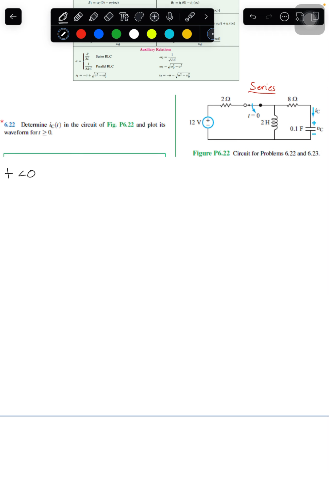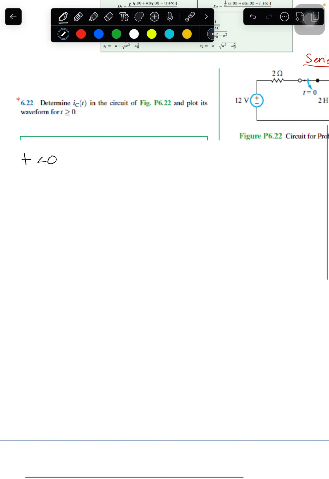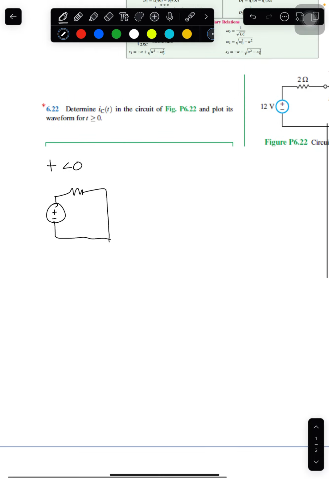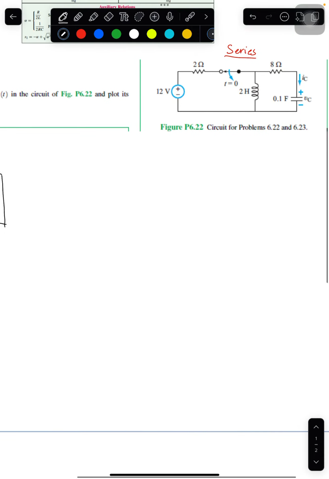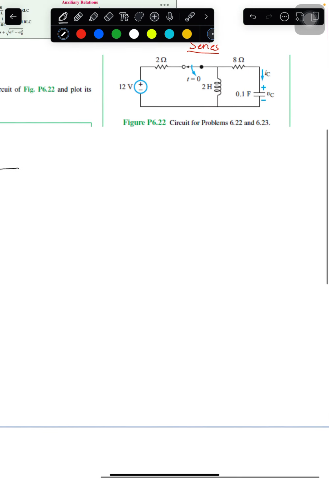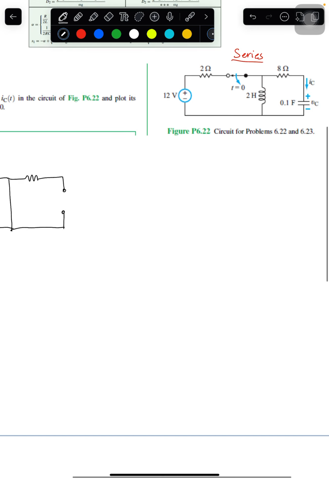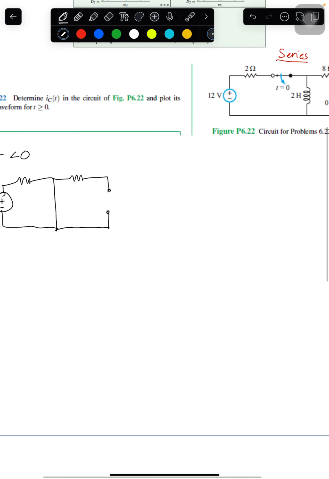So right now when t is less than 0, everything is there. Pretty simple, because that switch is closed. And this is going to be in steady state because it's t less than 0. That means there was no switching event, so there isn't going to be any change in voltage or current. That means everything is in steady state.